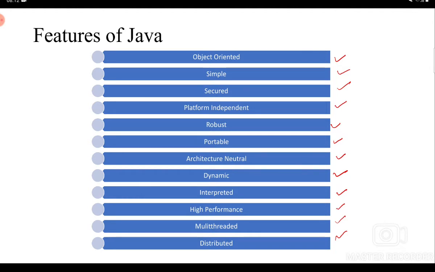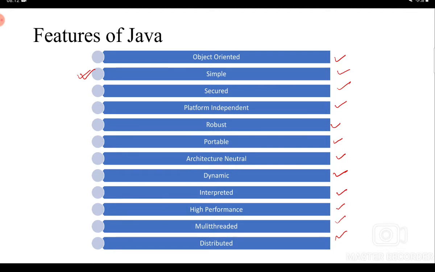Java is very simple because its entire syntax is based on C++. So if you already have knowledge about C++, it would be very easy for you to understand the syntax of Java also.